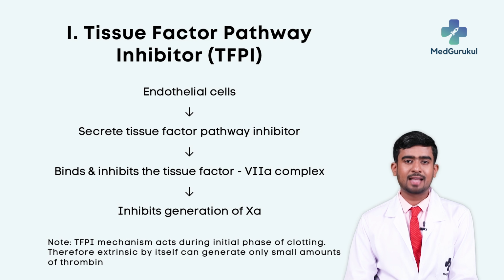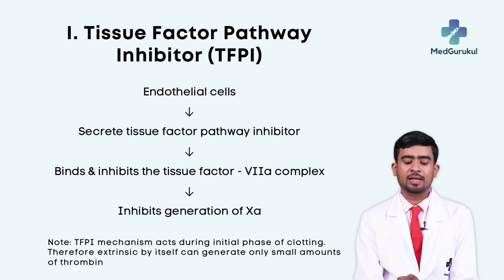So, this is another example of such a factor, that is the tissue factor pathway inhibitor, which is secreted by the endothelial cells. This inhibitor will bind to the factor 7A and the factor thromboplastin, that is the tissue factor or tissue thromboplastin. We have already seen in the extrinsic pathway that the tissue factor will activate the factor 7A and further it will activate the factor 10A.